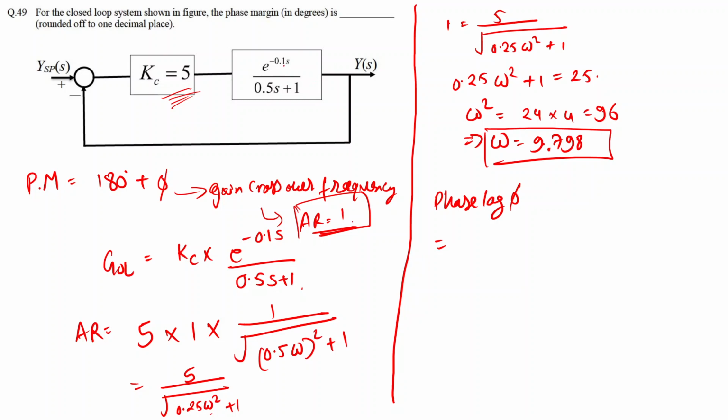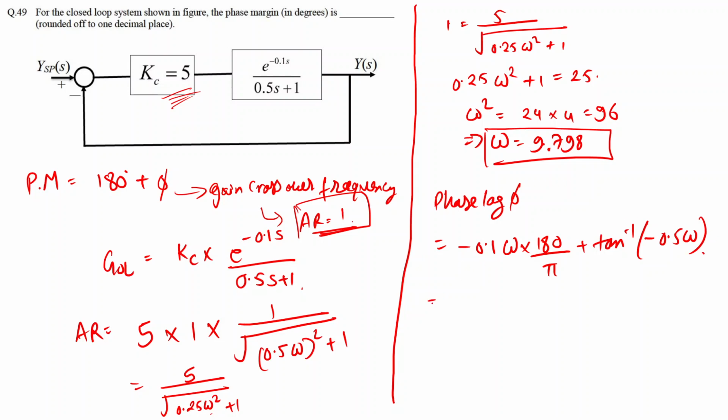So this will be minus of 0.1 omega into 180 upon pi. And for 1 upon 0.5 s plus 1, it will be tan inverse of minus omega tau. So that is, we can write it as tan inverse minus of 0.5 omega, since tau is 0.5.